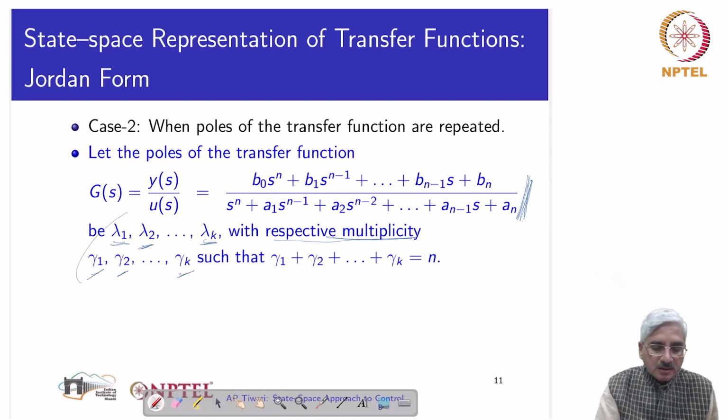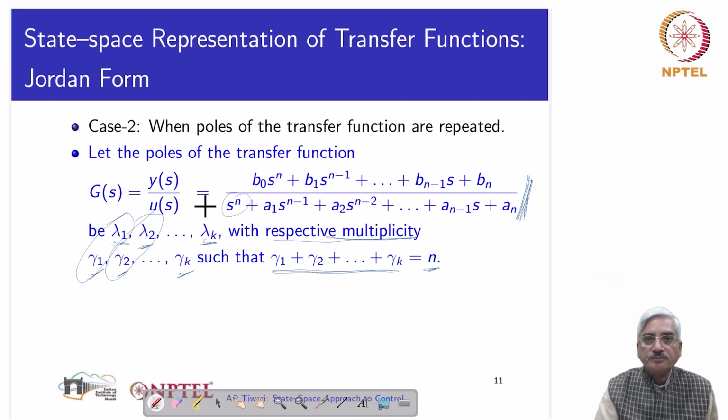So lambda 1 has a multiplicity of gamma 1, lambda 2 has a multiplicity of gamma 2, and so on. And of course, gamma 1 plus gamma 2 etc. will add up to n, the system order.